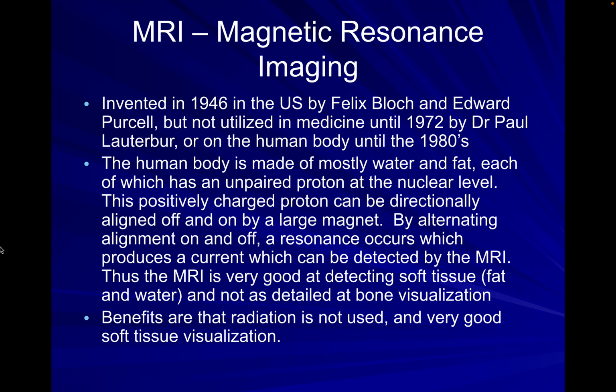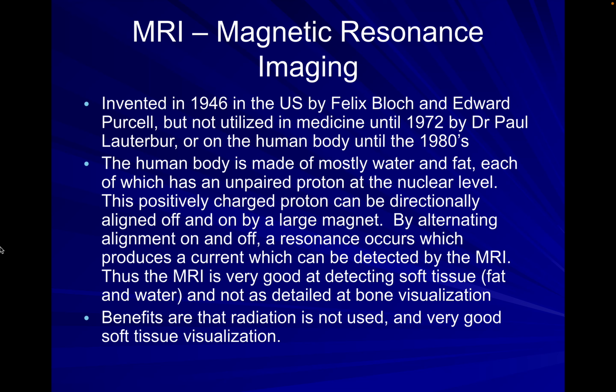And that brings us to the MRI, or the magnetic resonance image. And this was invented in the 1940s, but then developed a medical application much later, into the 70s or 80s.